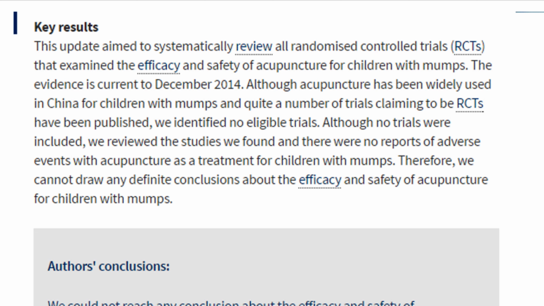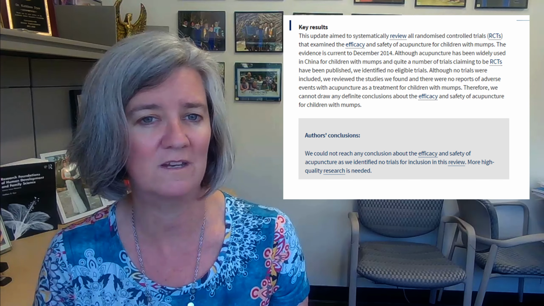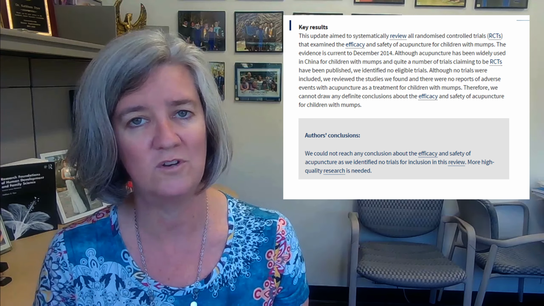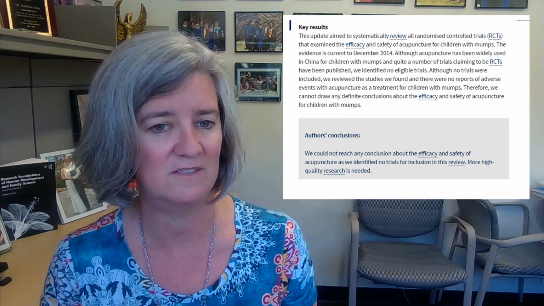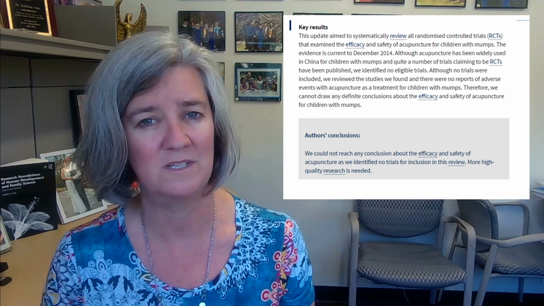And you see this update aimed to systematically reveal all randomized controlled trials that examined efficacy and safety of acupuncture in children with mumps. So as of December 2014, they looked for studies that met that criteria and found none. There were no studies to review. The conclusion is we don't know anything about the efficacy or safety of acupuncture used to treat mumps in children.